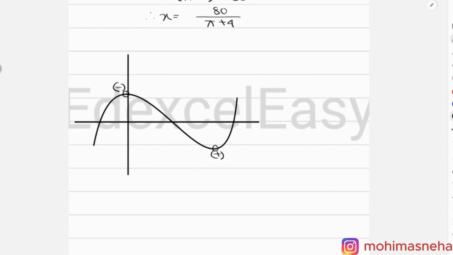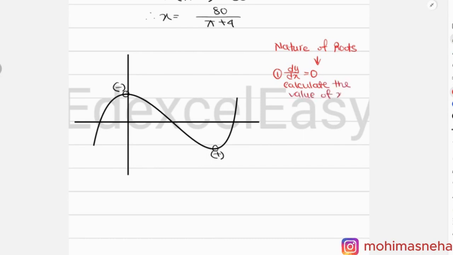Okay, so I think I should write a flow chart over here. In order to find out the nature of roots, the first thing you do is set dy by dx equals to 0 and calculate the value of x.